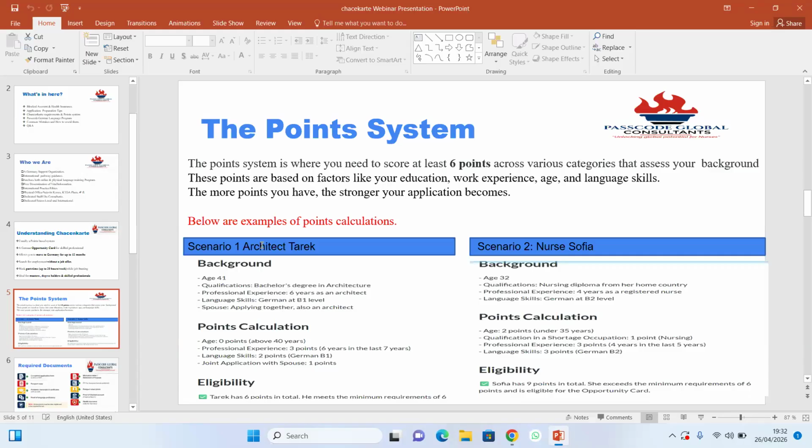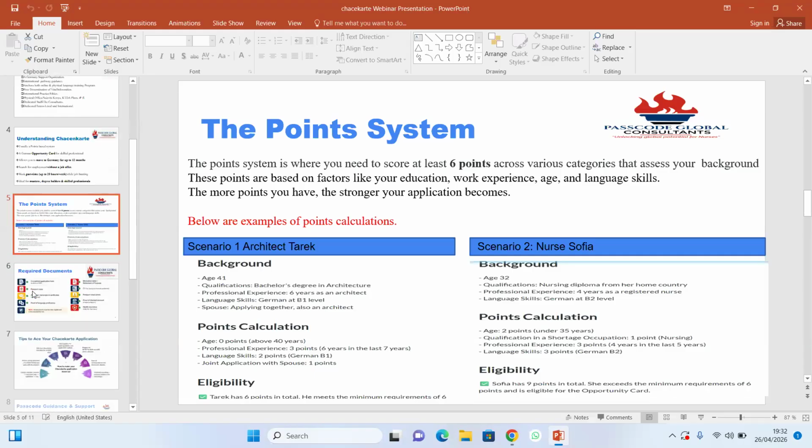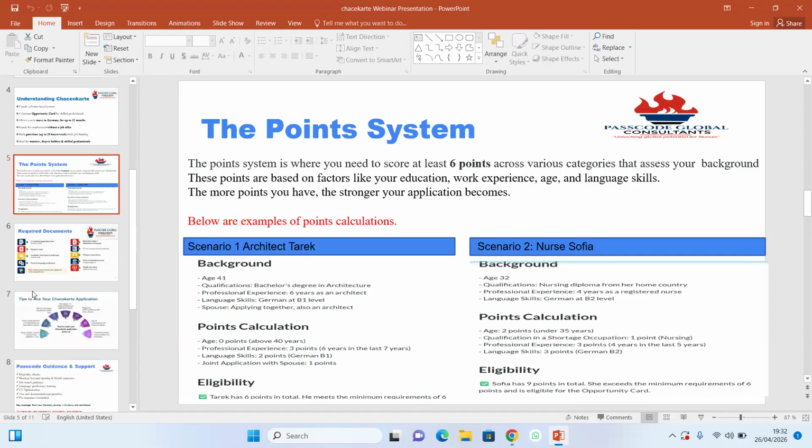This person is at a safer place of getting the Chancen Karte visa to Germany. She's more eligible for the opportunity card. When you're looking at the criteria for the Chancen Karte, these are the things you look at, because the more points you have, the better. It makes you more credible.